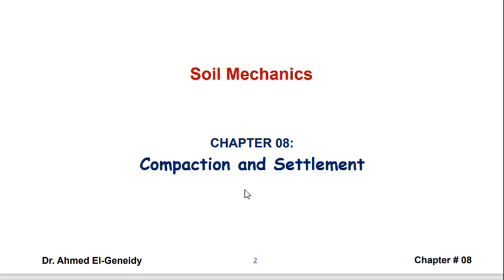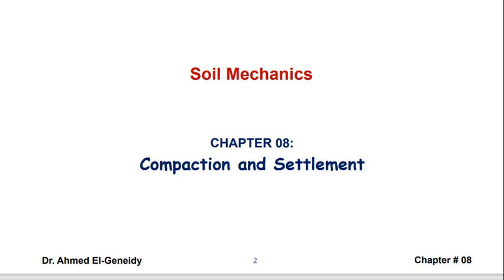So in cohesive soil like clay, I will have settlement, but it will take longer time. It will not be immediate settlement. So I have two different types of settlement: immediate settlement with sand, and long-term settlement with clay.